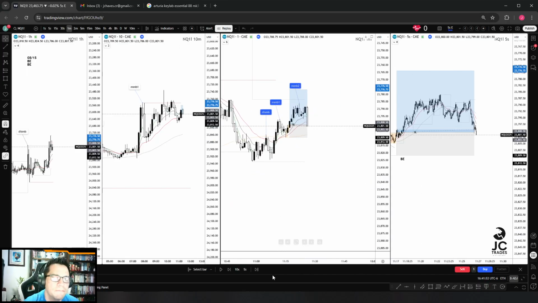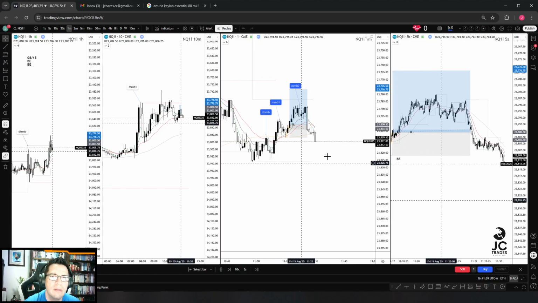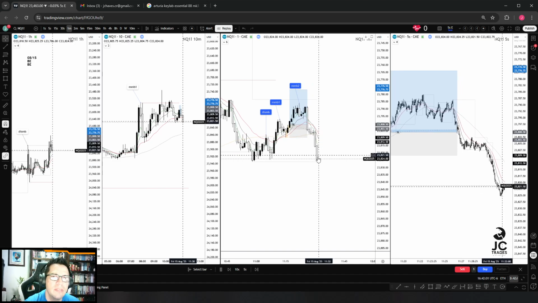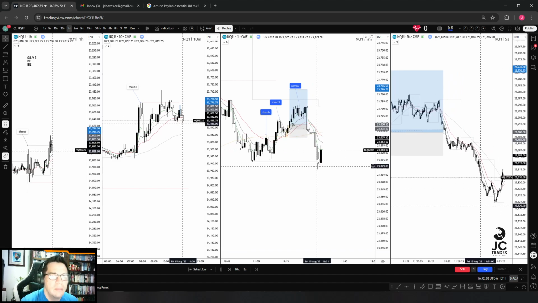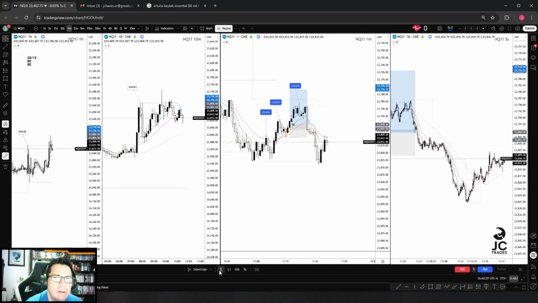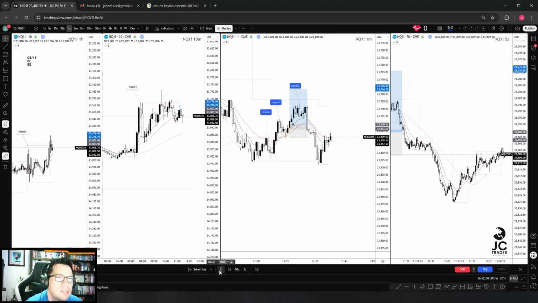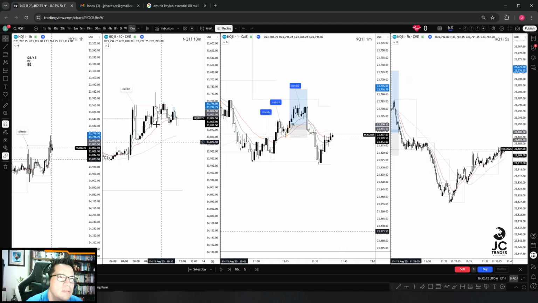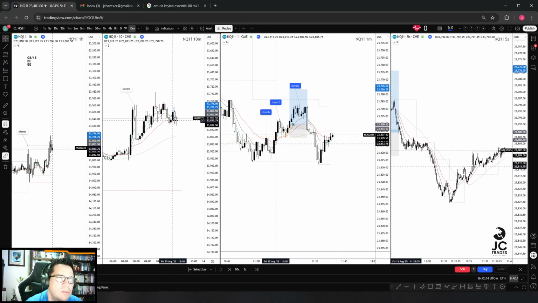So at this point, we are seeing price failing and basically going here below the EMAs on the validation, and on the context it is still surfing the 20.